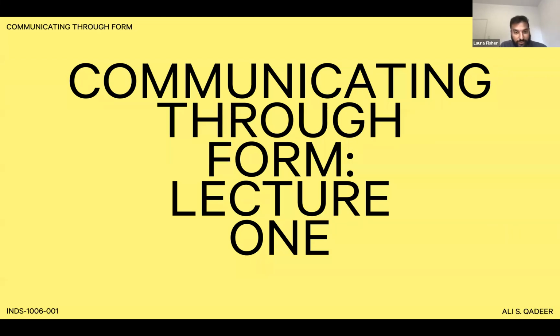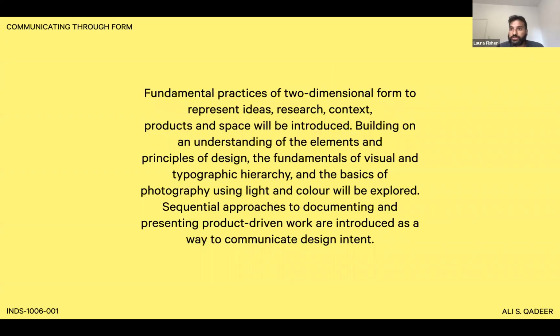Let's talk about this course a little bit, shall we? The description of this course reads like this: fundamental practices of two-dimensional form to represent ideas, research, context, products, and space will be introduced. Building on an understanding of the elements and principles of design, the fundamentals of visual and typographic hierarchy, and the basics of photography using light and color will be explored.